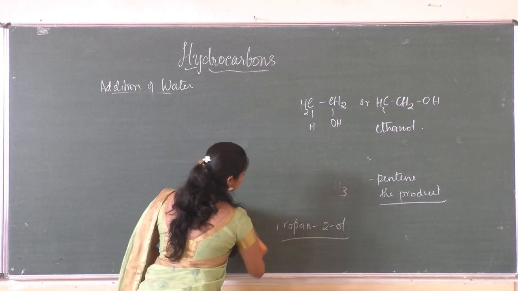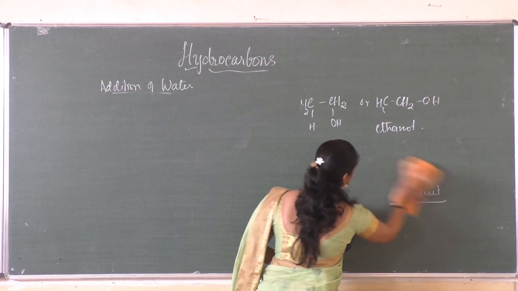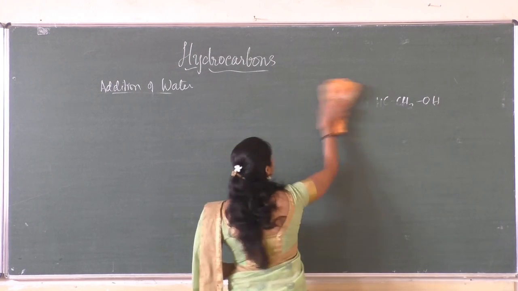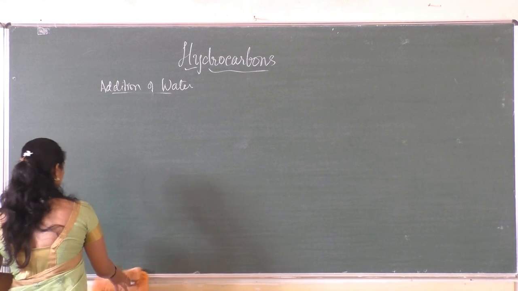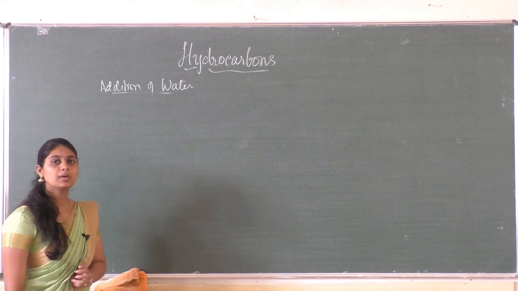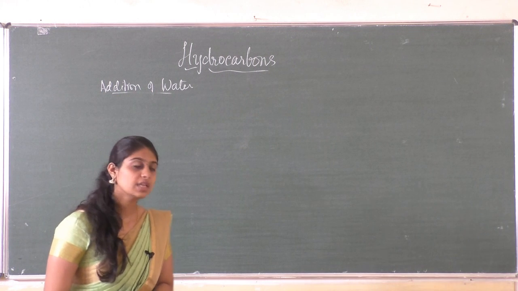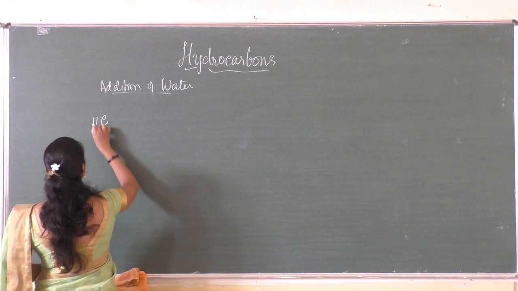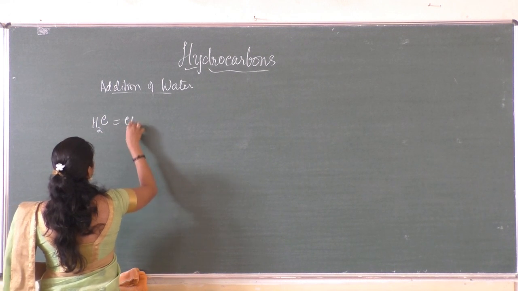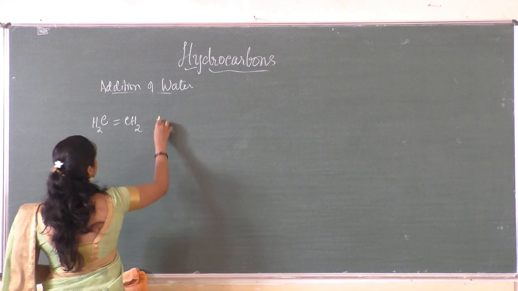So the next reaction is the addition of sulfuric acid. The cold sulfuric acid gets added to an alkene so as to form alkyl hydrogen sulfate. So that is the alkene whenever it is added with sulfuric acid.